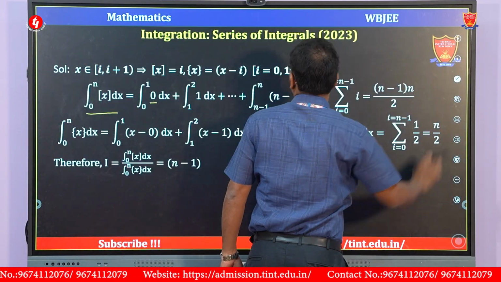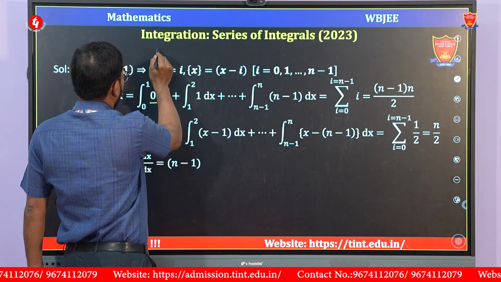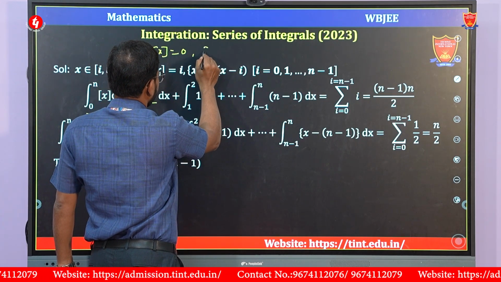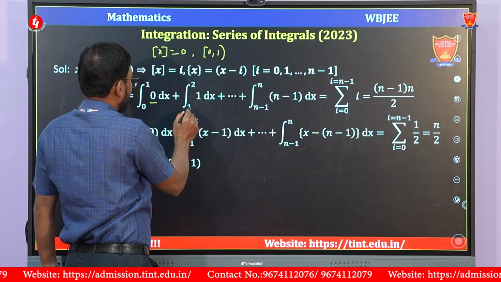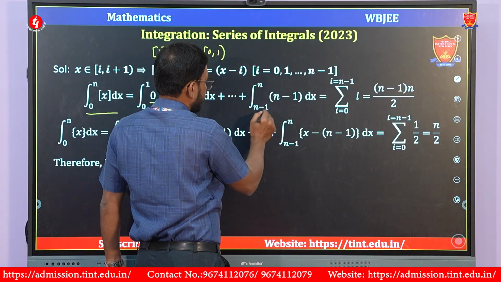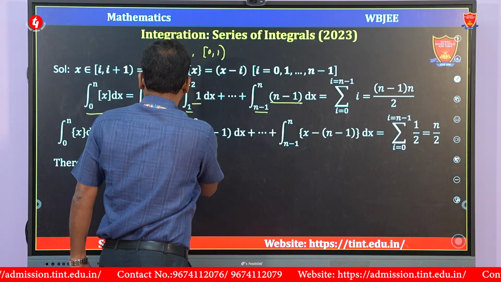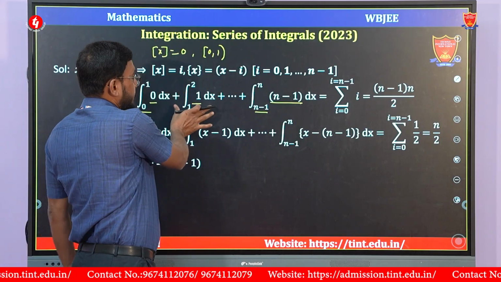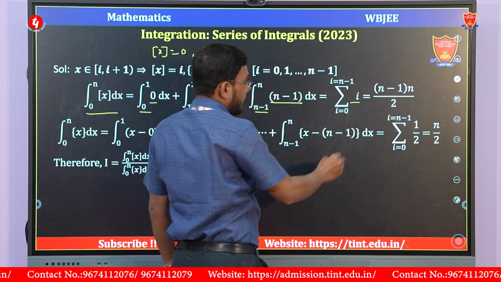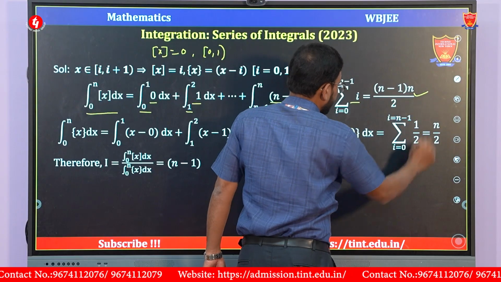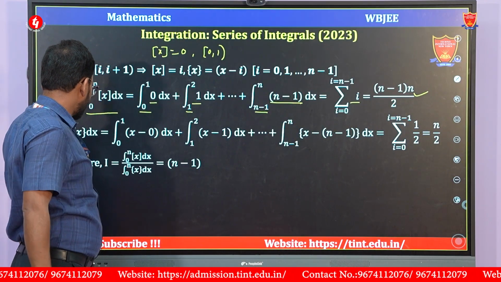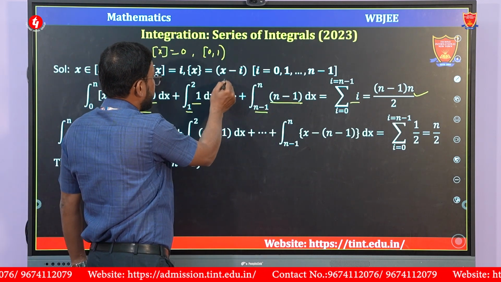Similarly, from 1 to 2 box x is 1, and from n minus 1 to n box x is n minus 1, always considering the lower limit. Now the sum of these integrals is the summation of I from 0 to n minus 1, and adding all of this you get the known formula, n minus 1 into n by 2. Similarly, the integral from 0 to n of the fractional part of x dx, as already defined, is x minus I.